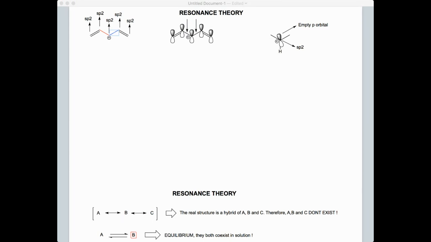I need two resonance structures. One showing a double bond here.